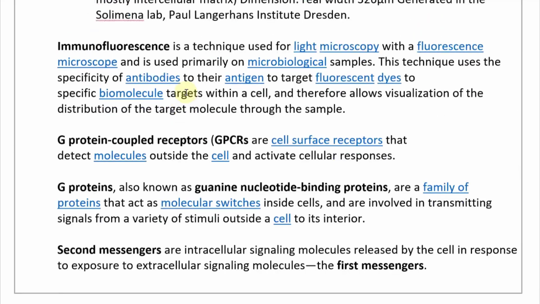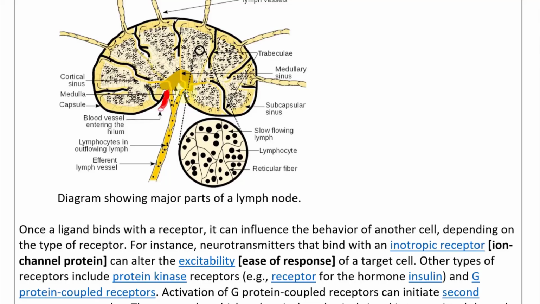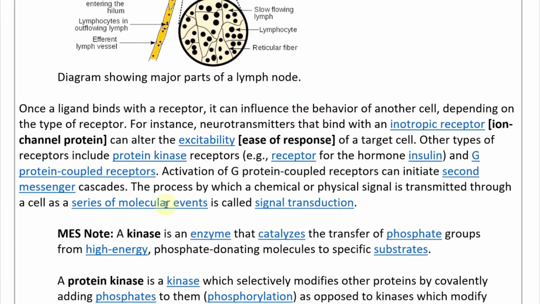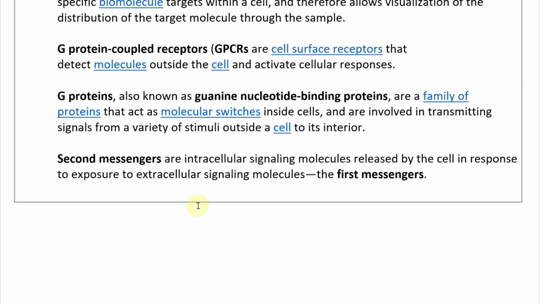And secondary messengers, going back over here again. So there's a lot of back and forth. Right here, activation of G protein coupled receptors can initiate a second messenger cascade. So you get signals from outside of the cell, from the G proteins, and it can transmit that into the cell, and then you have a second messenger cascade.